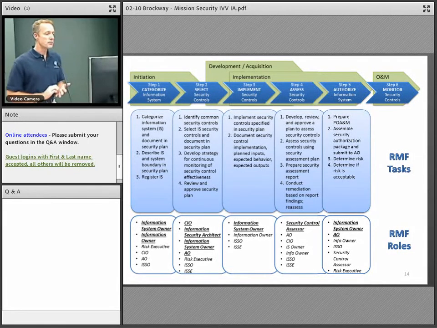The ultimate goal of all stakeholders should be to help that risk executive make an informed risk-based decision, much like, say, for example, on a NASA mission, whether it be safety or other critical aspects for whether a system is ready to go live, ready to launch, or otherwise.